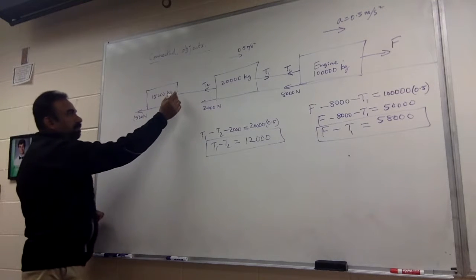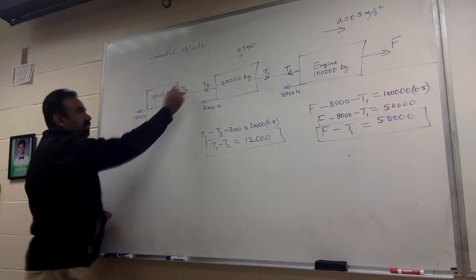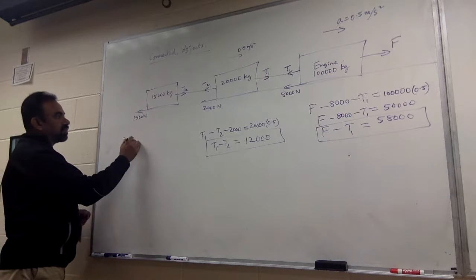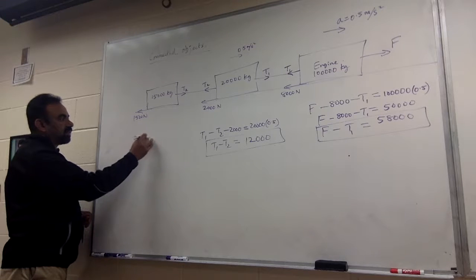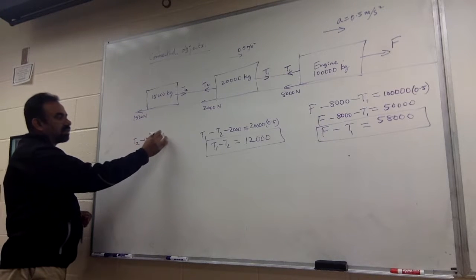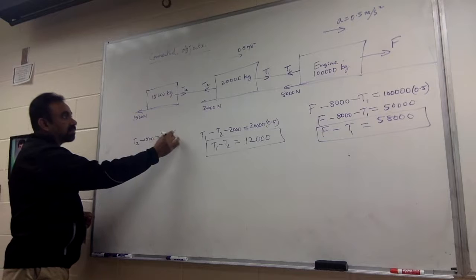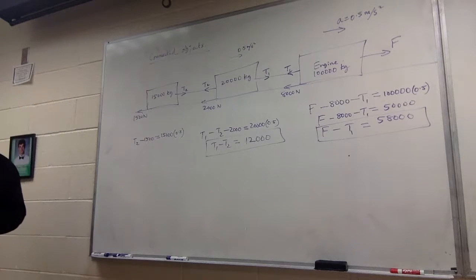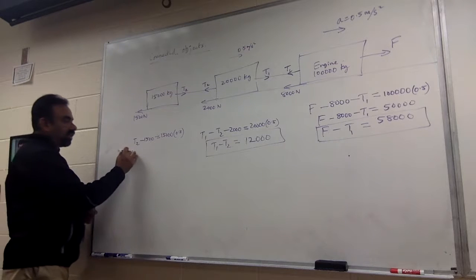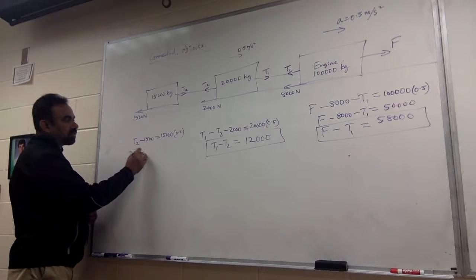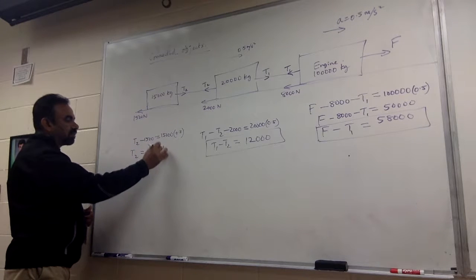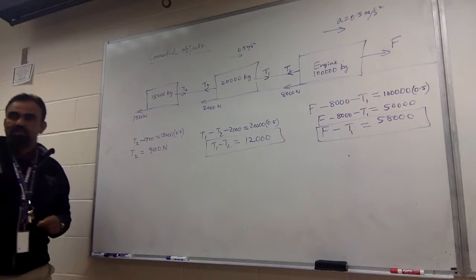The last one is being pulled forward with T2. And therefore the equation is T2 minus 1500 is equal to 15,000 times 0.5. That's also accelerating the same way. And so your equation is T2 is equal to 9,000 newtons.